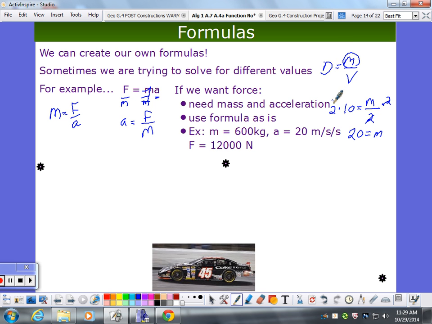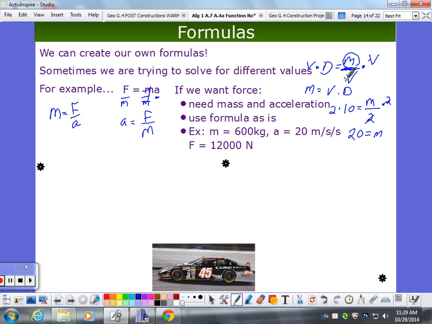So what am I going to do here to get m by itself? What did I do here? How did I get rid of the denominator? Multiply so that I can reduce it. Multiply both sides by V, so M equals volume times density. Isn't that what that little triangle thing tells you? Do you need that triangle? No. Now what about V?